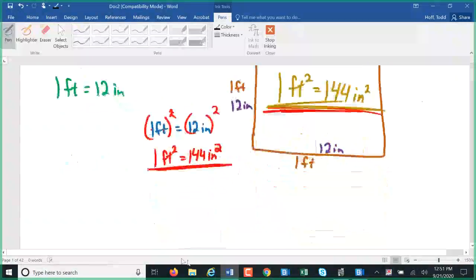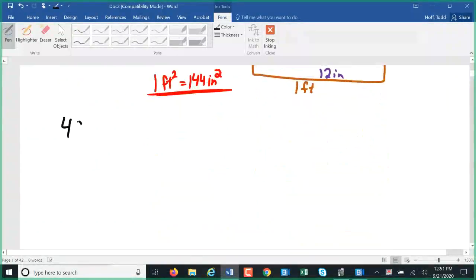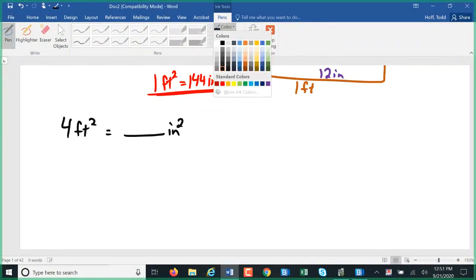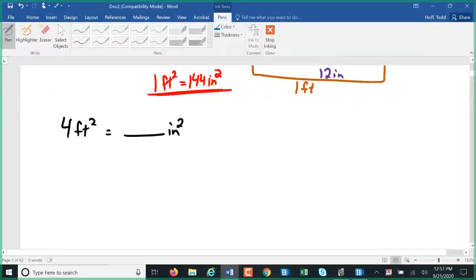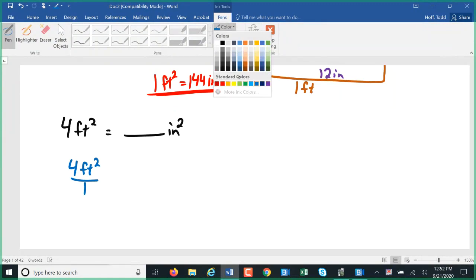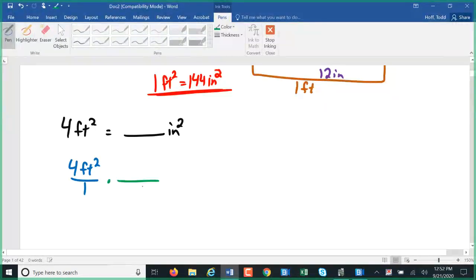So if we are trying to convert four square feet into square inches, this is not 48 square inches, which is the most common answer I will get for somebody doing that problem incorrectly. We'll set it up with our conversion factor. That's 4 square feet. We'll put it over 1. Get rid of square feet. We're going to put them on bottom so they cancel out. Go into square inches.